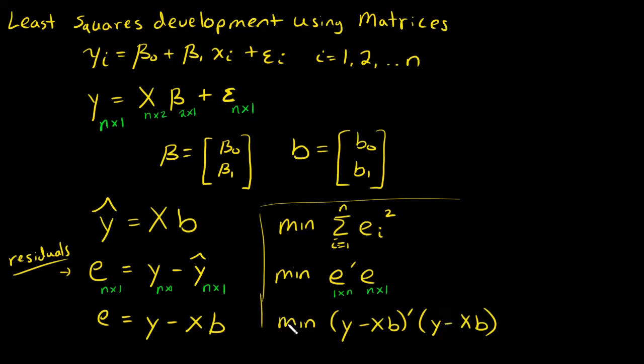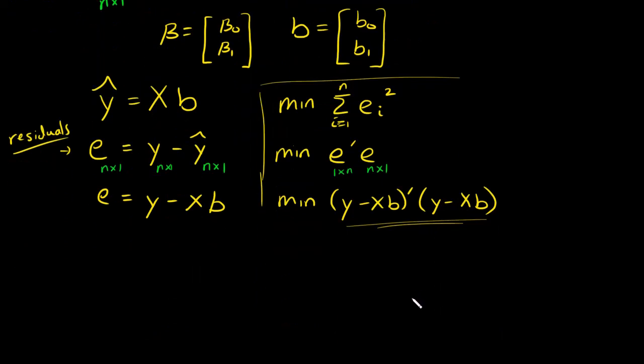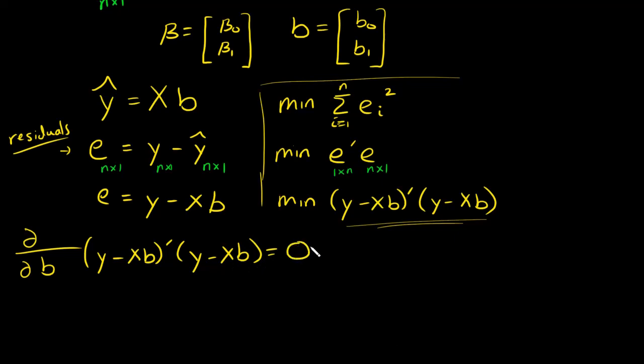All right, so that's our goal. How do we find the minimum of this? Well, we take the derivative and set it equal to 0. So let's do that. We want to take the derivative with regards to the vector b of (y minus Xb) prime times (y minus Xb), and set it equal to 0.